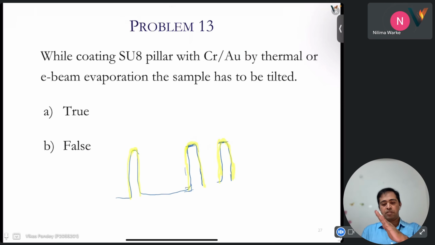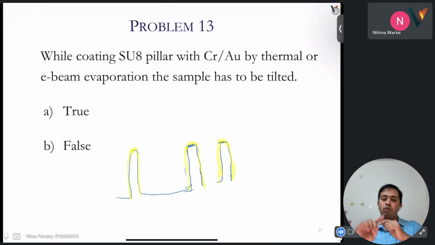This is the evaporation setup, and you will have to tilt it and then rotate it, because earlier we had a plane surface on which we deposit something. In this case, we have a stick-like structure, and that structure has to be not just deposited on the top.